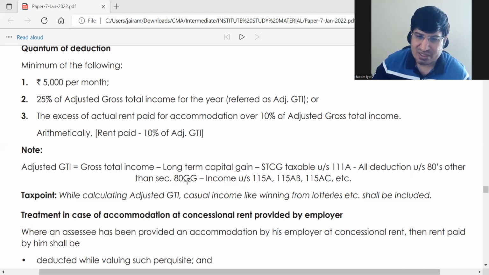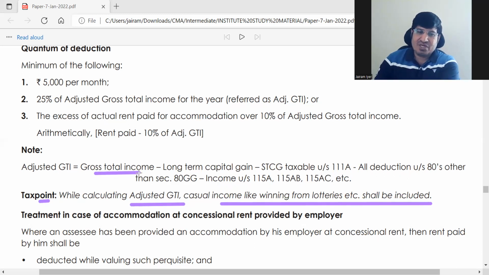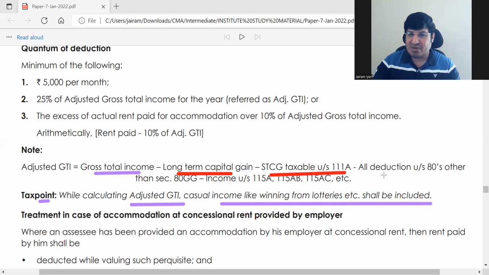There is one point: while calculating adjusted GTI, casual income will be included. See, in gross total income everything is there. Casual income, all income are there in gross total income. What are you removing? You are removing only LTCG and STCG taxable under 111A, and deductions under Section 80.